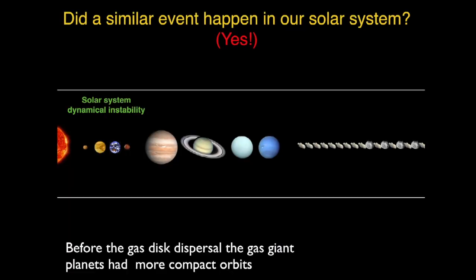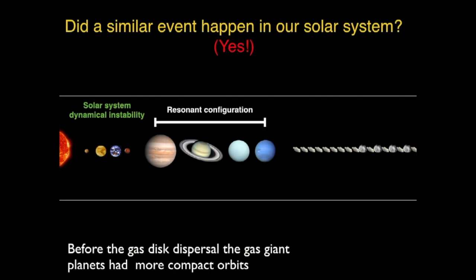Did an event like this also happen in the solar system? And the answer is yes. We believe the solar system had a dynamical instability. It's not certain when exactly it happened, whether it was late or early. Here is just an example. You can imagine the giant planets form in a much more compact configuration, what we call a resonant configuration, like this.